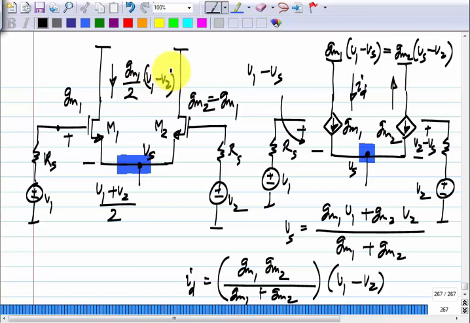It is just half of the GM of the individual transistors, that is all. So, now we actually have a symmetrical structure for the two inputs, and this is exactly what we were looking for in the first place. Okay. We want V1 minus V2, and the circuit shouldn't distinguish between V1 and V2. It should give you a current that is proportional to the difference between V1 and V2.